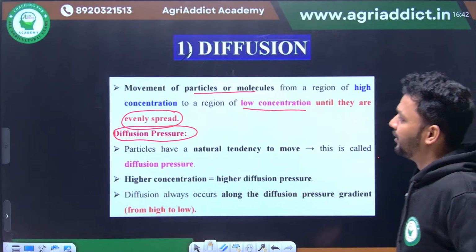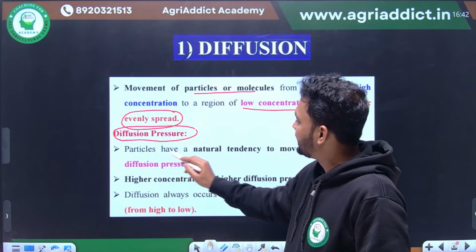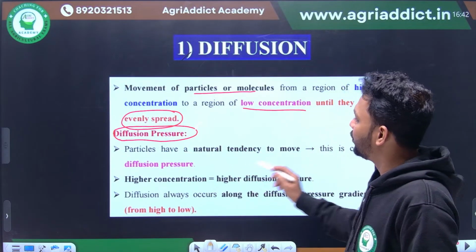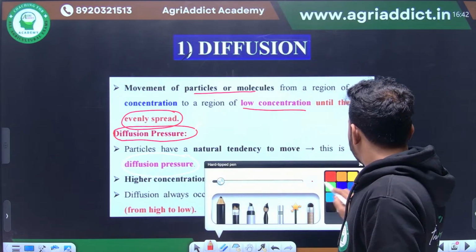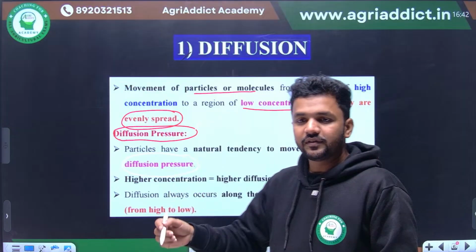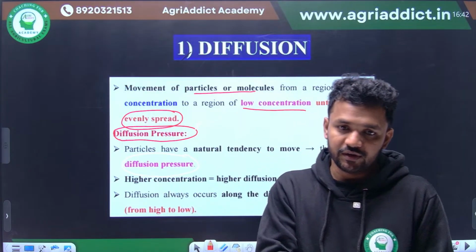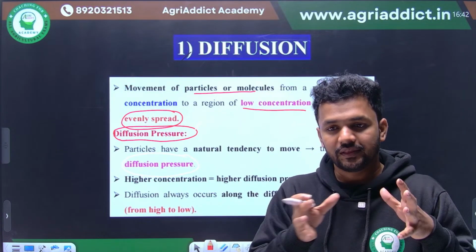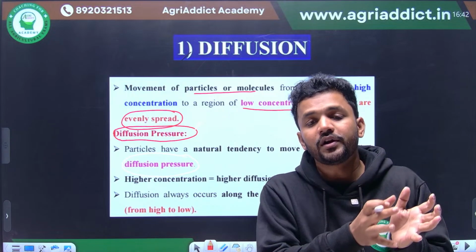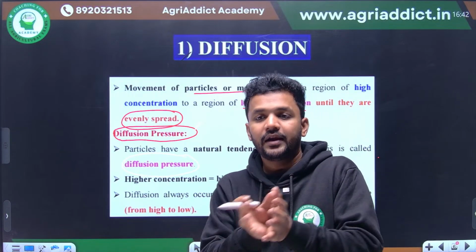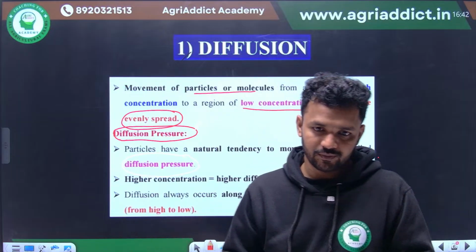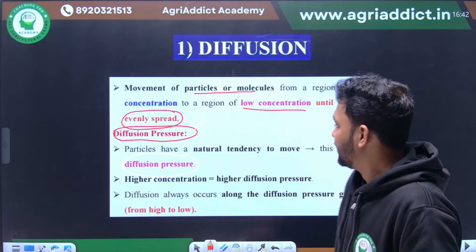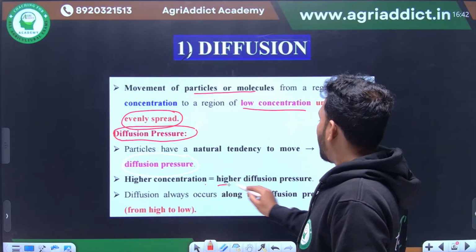Understood? Diffusion pressure: the particles have a natural tendency to move. This is called diffusion pressure. Due to the difference in concentration, or the number of molecules, the molecules have a natural tendency to move. And why do they move? Because of the difference in the diffusion pressure between the two systems. Higher concentration, higher diffusion pressure.